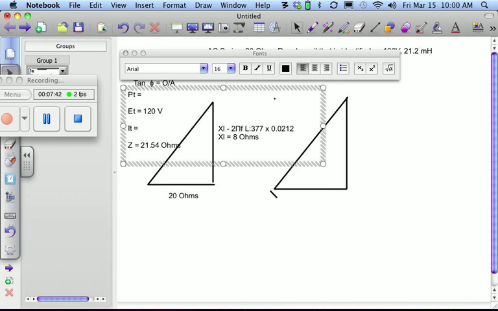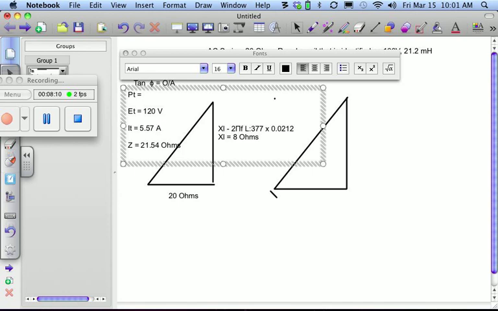So now that we have that, we can take 120 and divide that by 21.54 ohms, and that'll give us our current, right? So just put in 120 divided by second function answer, enter. And we get 5.57 amps. Anybody see that?